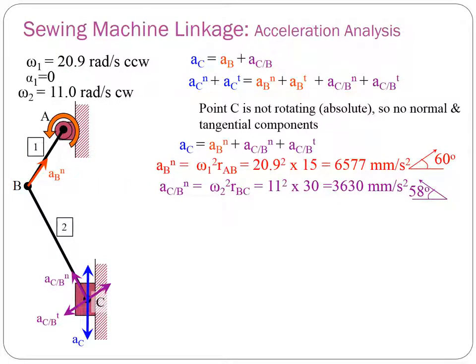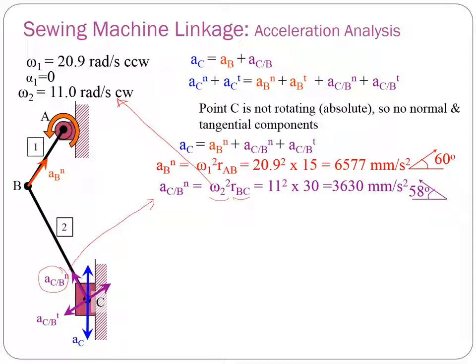So next is to find ACBN, the normal acceleration of CB, which in this case equals omega 2 square RBC. Omega 2 is coming from here, we already calculated. Basically, if you do this kind of equation in an exam, it will be step by step.